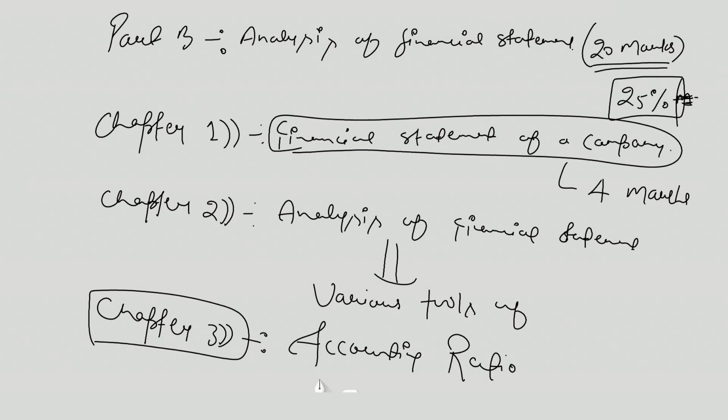Under this chapter, we are going to learn the various accounting ratios, and we are also going to learn the interpretation of those ratios, how a financial manager is going to take decisions on the basis of accounting ratios. Okay.